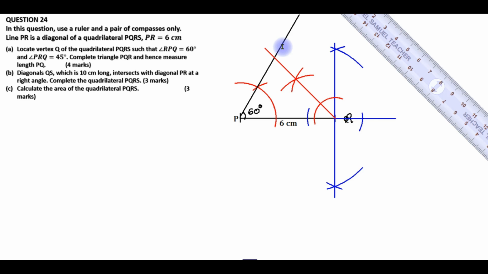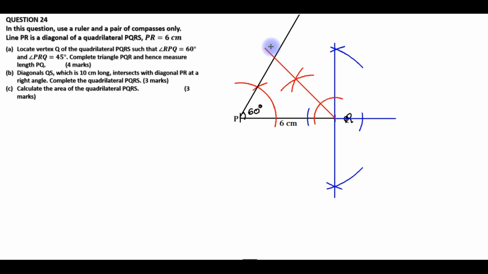The other point, Q, it will be Q. So this will be point Q. So this angle we have constructed is 45 degrees. Then from there, we have located the vertex Q such that this angle is 60 degrees and this one is 45 degrees.